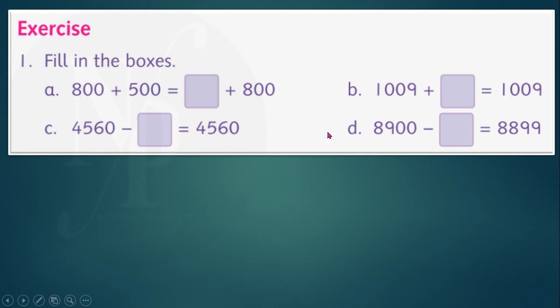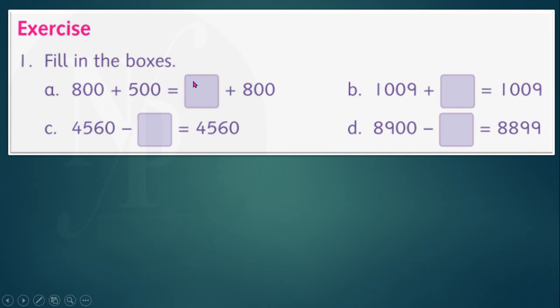So here we have an exercise to recall or to understand the properties we have learned now much better. So fill in the blanks. A, 800 plus 500 is equal to blank box plus 800.